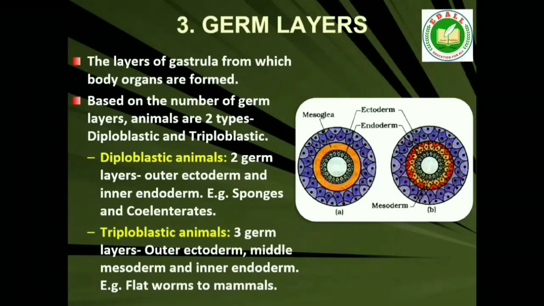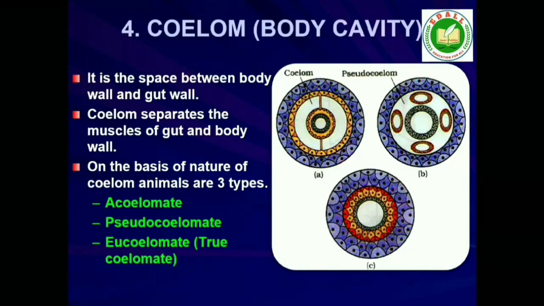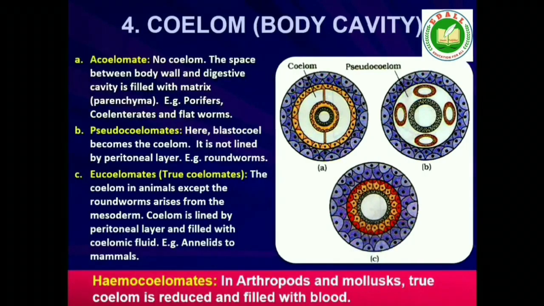Fourth is coelom. Presence or absence of a cavity between the body wall and the gut wall is very important in classification. The body cavity, which is lined by mesoderm, is called coelom. Animals possessing coelom are called coelomates, for example, annelids, mollusks, arthropods, echinoderms, hemichordates and chordates.